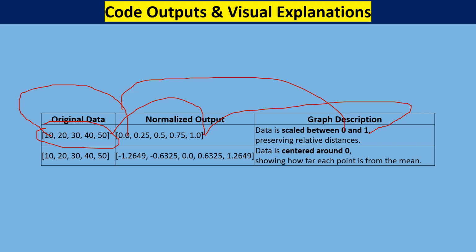This scaling keeps the relative spacing between data points. On a graph, this would be a straight linear transformation of the input compressed into a 0-1 range. This method is especially useful when working with models that are sensitive to input magnitude, like neural networks.